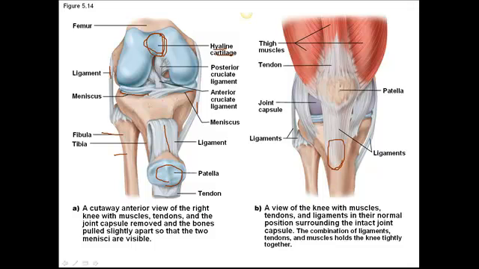So here's the joint capsule. All synovial joints have a joint capsule. That keeps it lubricated. Okay. And then here are the ligaments, which again hold this joint together.